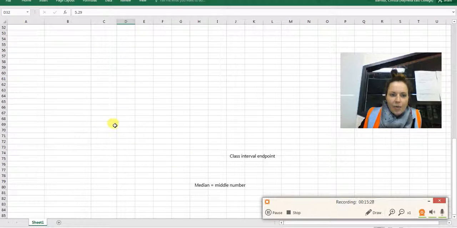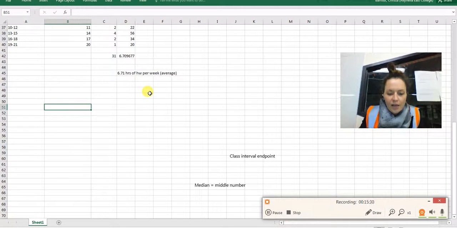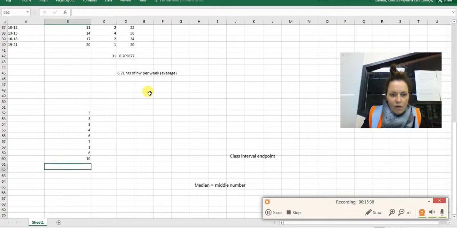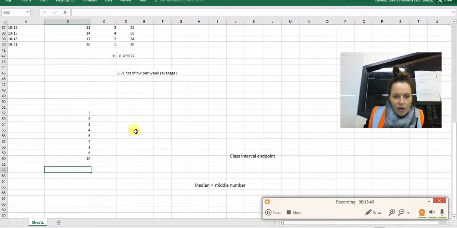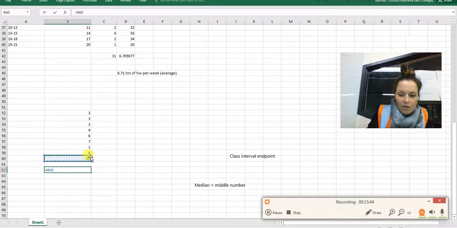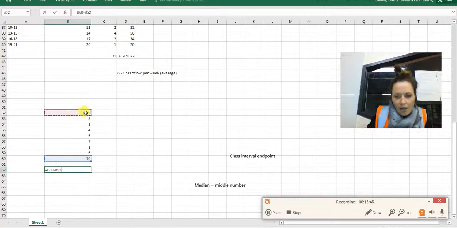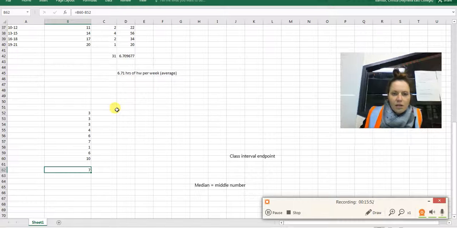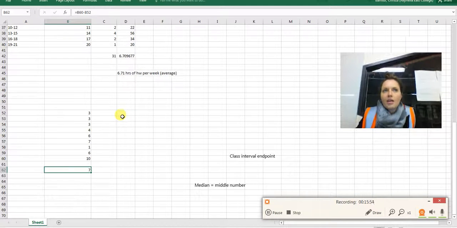But if you're looking at the scores here and you wanted to calculate the range, you would take the highest score, take your lowest score. So it's going to be equals 10 take 3. So in this data set, the range would be 7. So that is how you calculate your range.